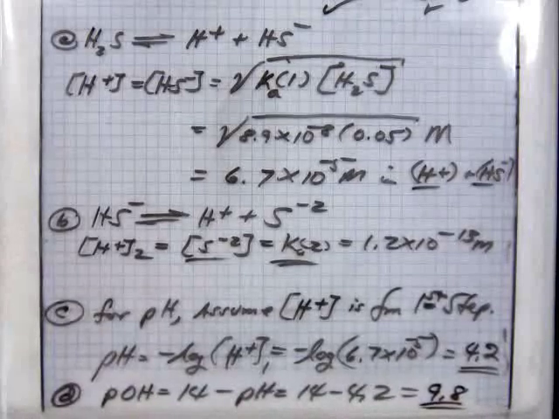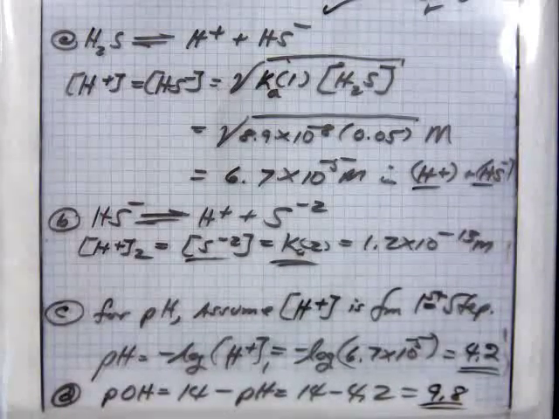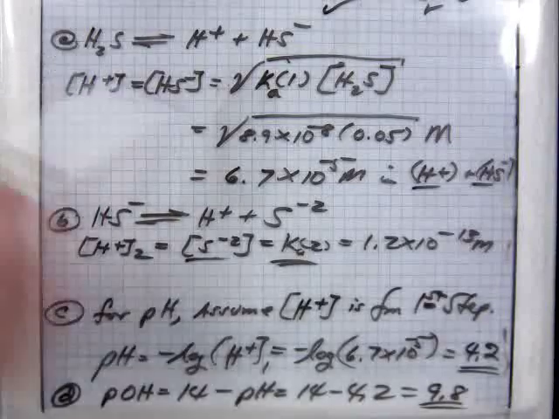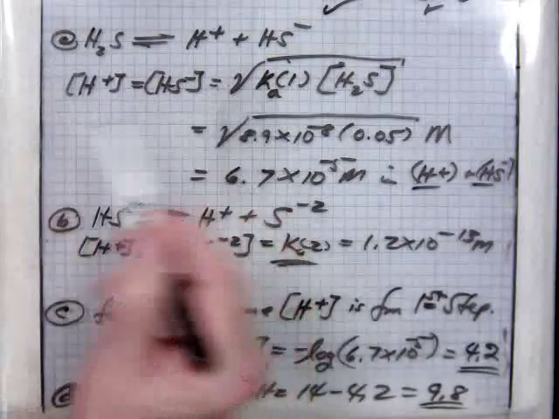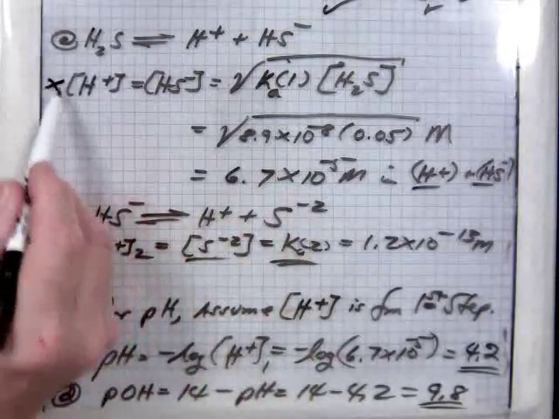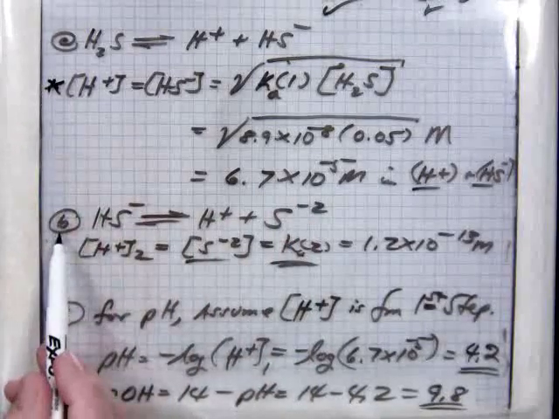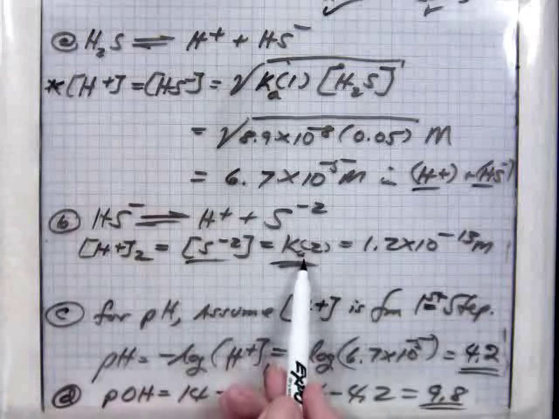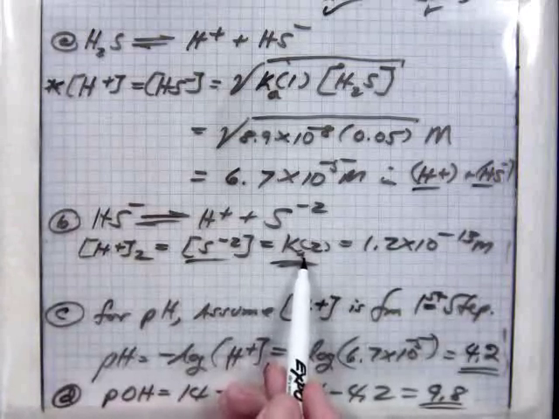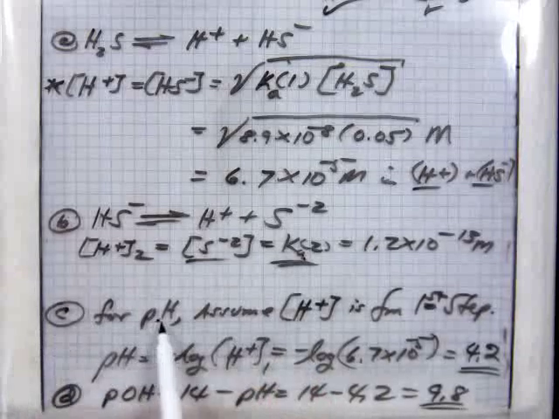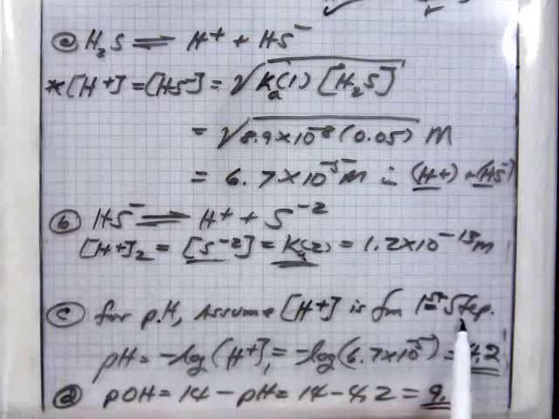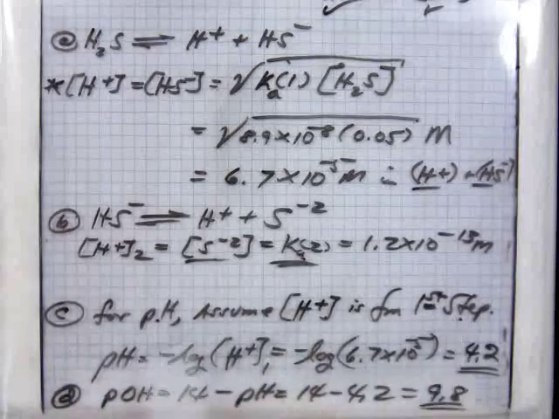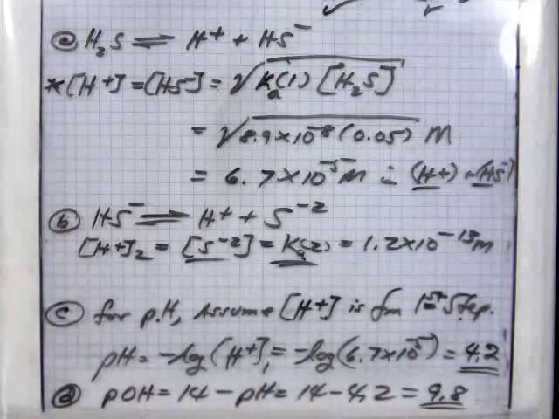And so, as you look at this problem, the first ionization step, use the square root formula. Second ionization step, just equate the hydrogen and the anion by itself to the Ka2. For pH, assume all hydrogens from the first ionization step and calculate it as you have in the past.